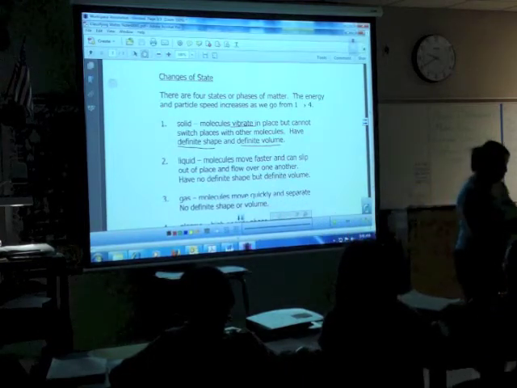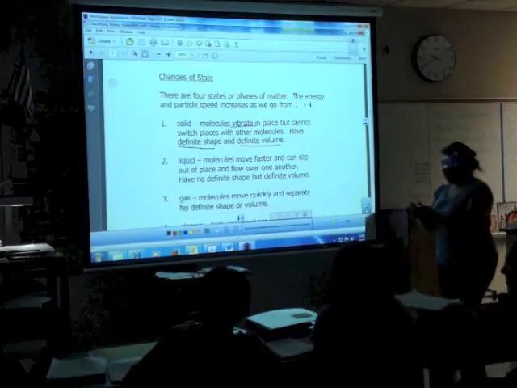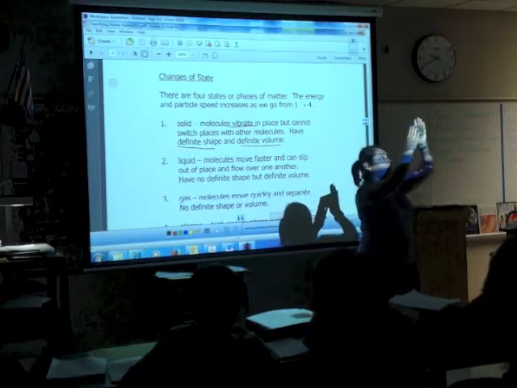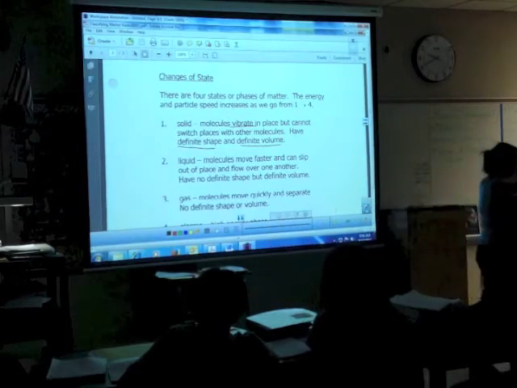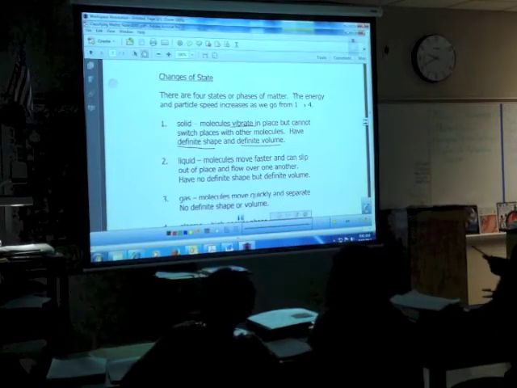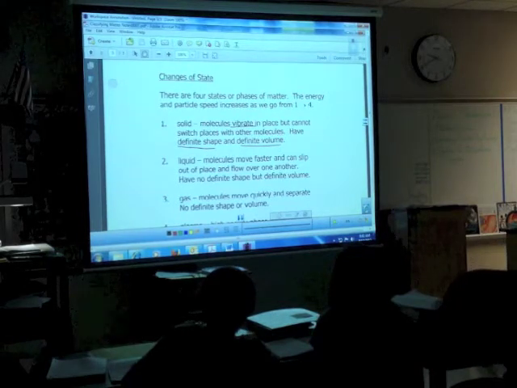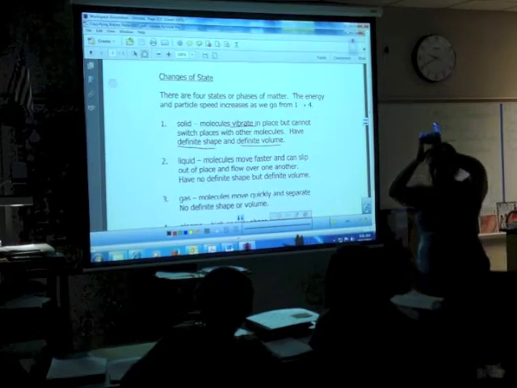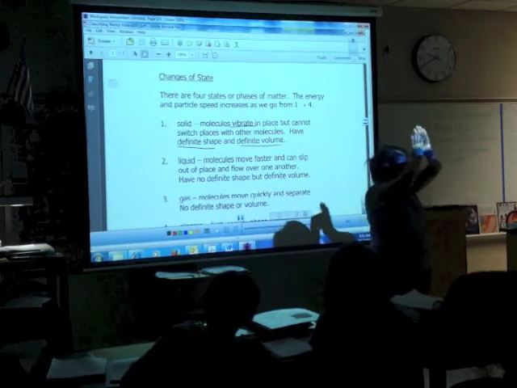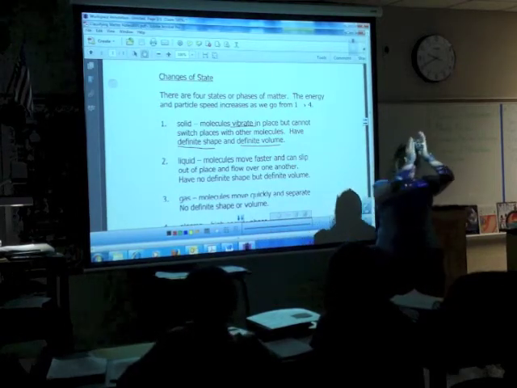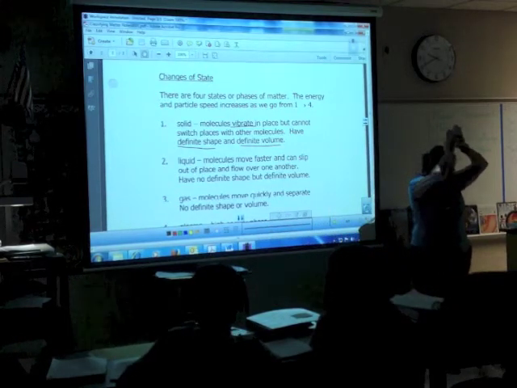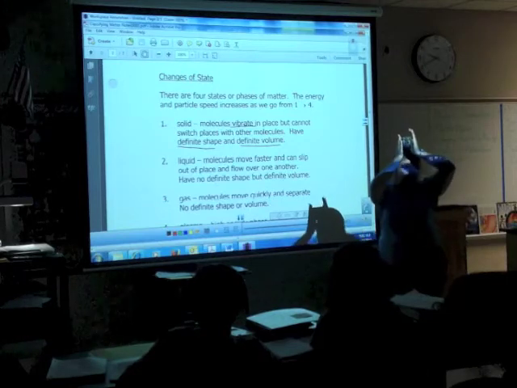Okay? So, if I have this cup full of marbles, this cup full of marbles represents my solid. So, if I think of how these particles are moving, if I go like this, are those marbles shaking inside? Yes.